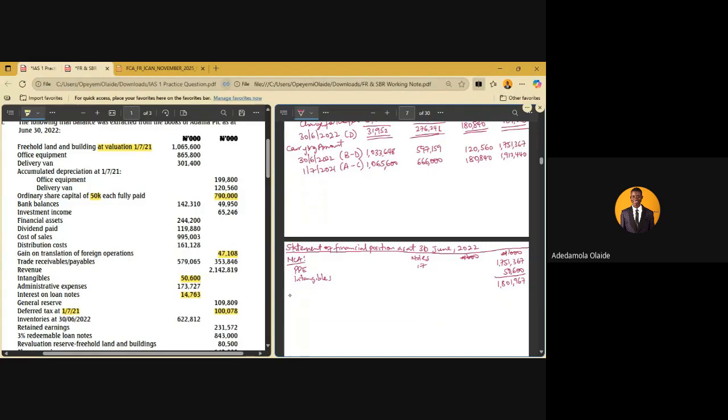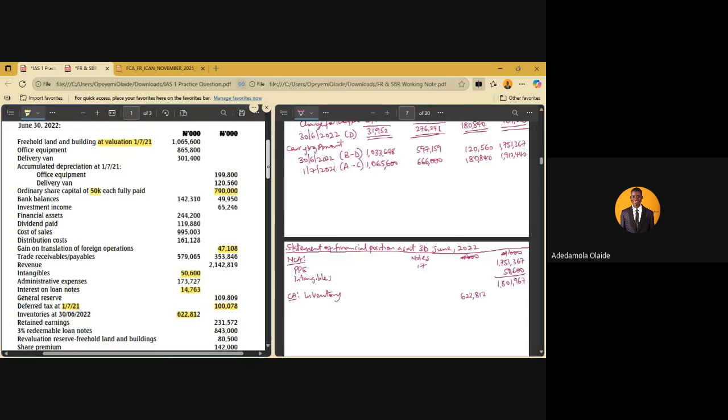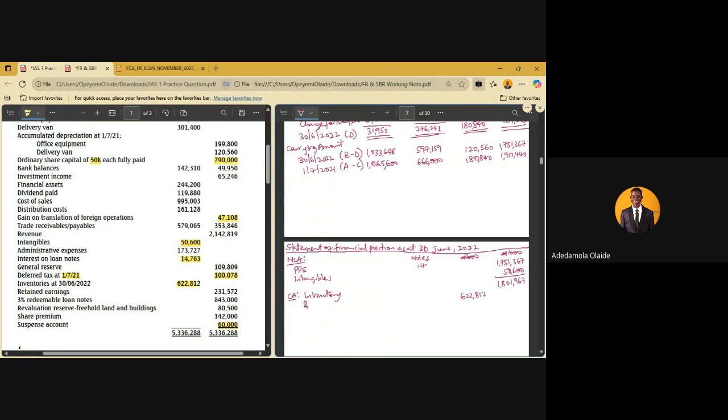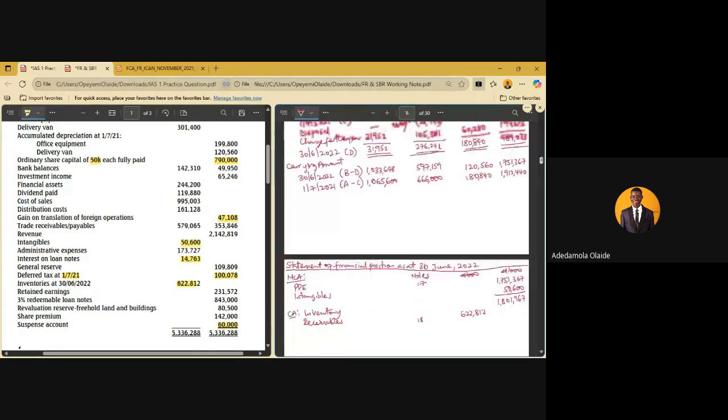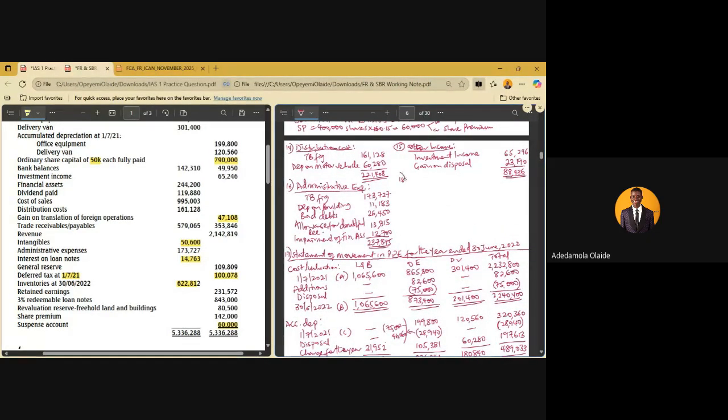1,801,967. Then current assets. What are our current assets? We have inventory. And the inventory is how much? 622,812. No notes. Then receivables. Receivables must have a note. Note 18. And what's our receivables?